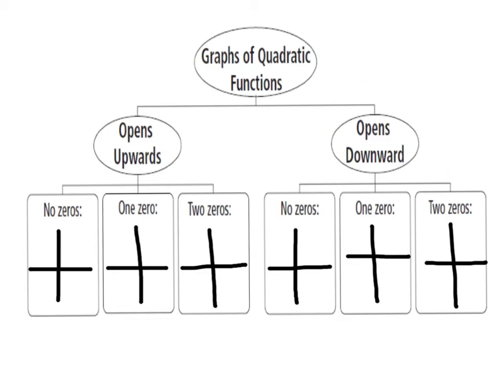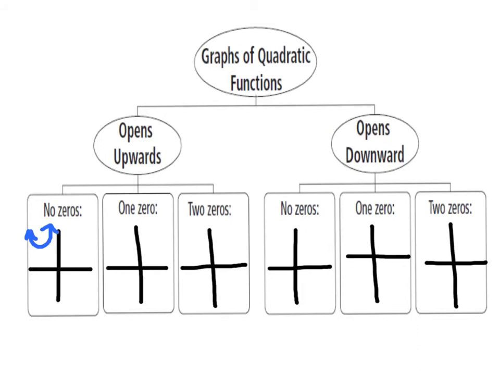If a quadratic has no zeros, it is not even going to touch the x-axis. As an example, we would have our parabola starting off above the x-axis and pointing up. So that would have no zeros.